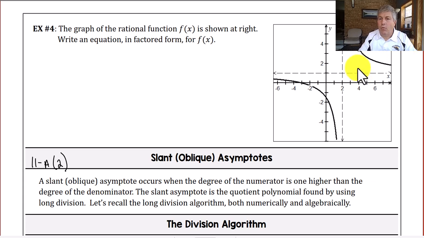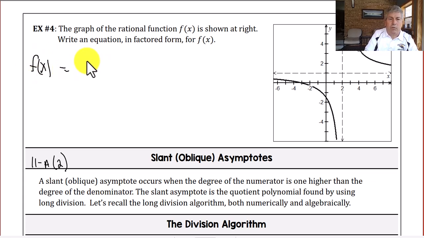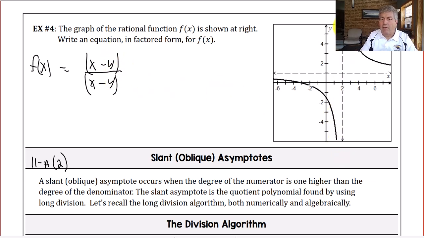So if we have a hole at x equals 4, we already know f of x is going to have x minus 4 in both the numerator and the denominator. We already said we're going to have x minus 2 because we've got that vertical asymptote at x equals 2. So those are some of the hints and things we know just right off the bat.